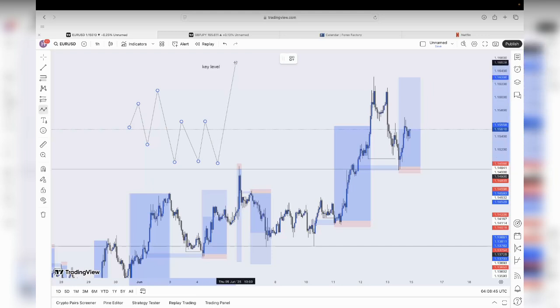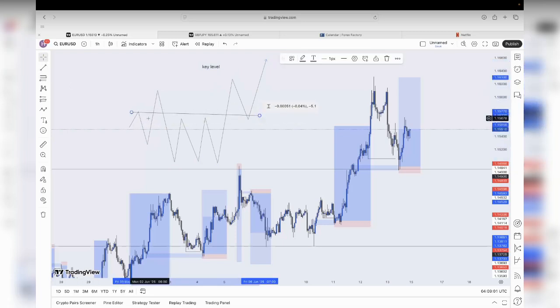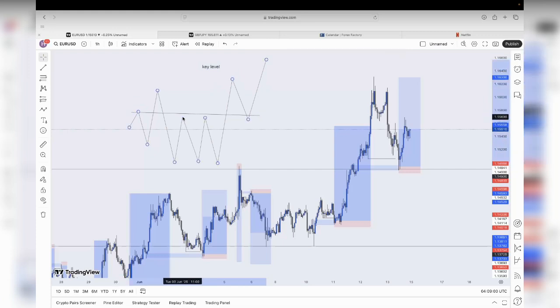Right? So let's say price is something like this. Now I can mark out this area and say this area is a key level.